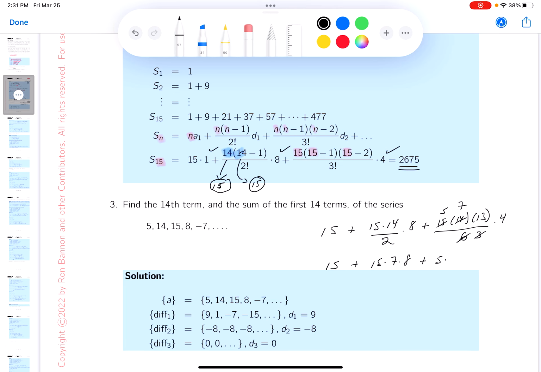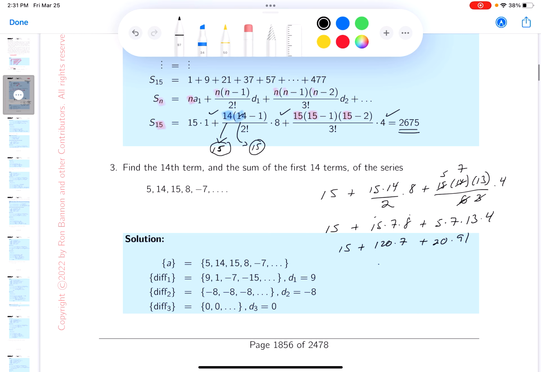So it's going to be 5 times 7 times 13 times 4. And yeah, I got to do some arithmetic over here. I'm going to do it in pieces. I'm going to do 8 times 15, which is 80 and 40, 120. I'm going to do 5 times 4, which is 20. And 7 times 13 is 70 and 21, which is 91.